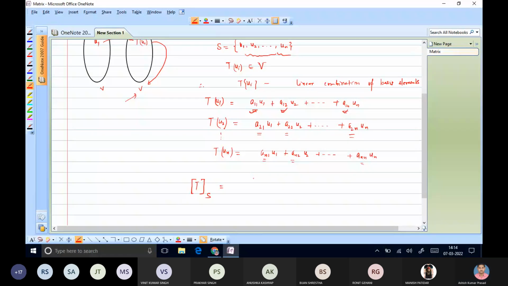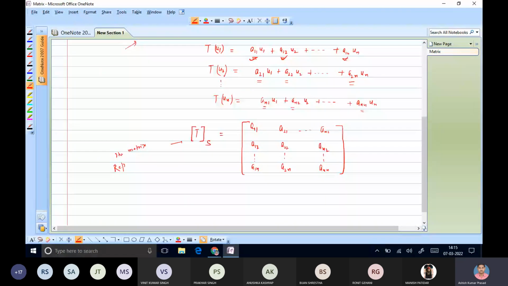So A11, A12 in this way, A2 up to A2n, A1, A this way up to A. So this matrix is called the matrix representation of T. This matrix is called the matrix representation of the linear operator T.